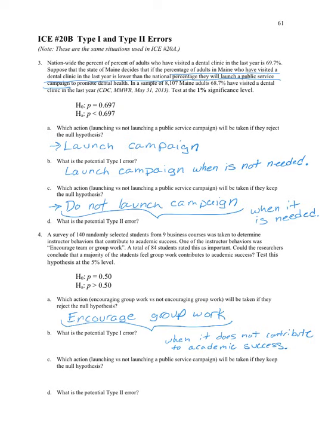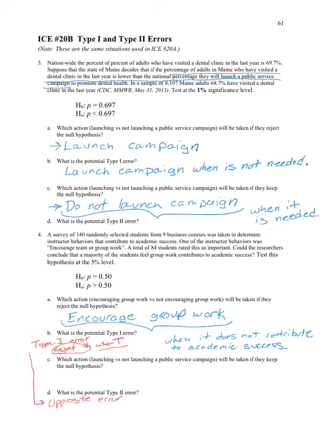So even when I do this, I'll jot down off to the side, type 1 error is to reject null when true. And I ask myself, what's the action if I reject the null? And then what's the mistake that's made if the null is actually true?